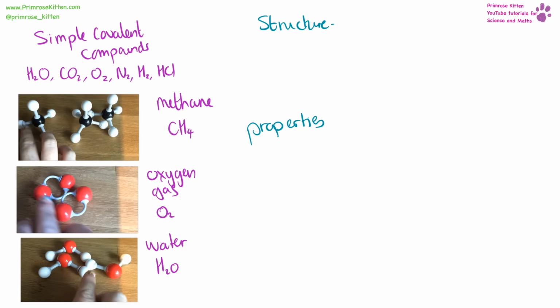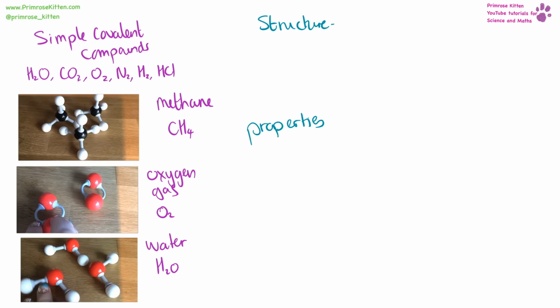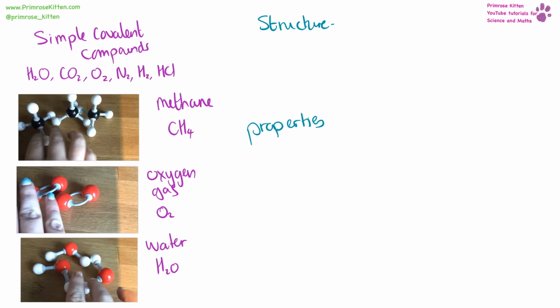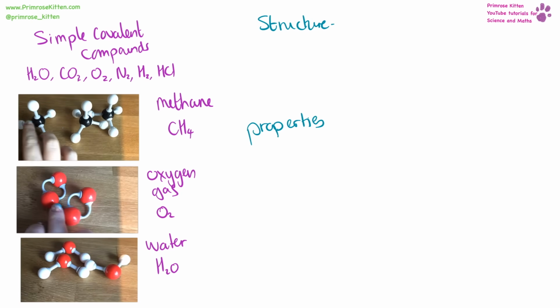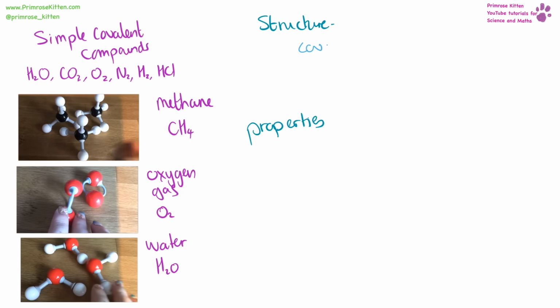For simple covalent compounds, such as water, carbon dioxide, oxygen, nitrogen, hydrogen gas, hydrochloric acid, or methane, or water, as we have here, they are very small structures. They have covalent bonding.